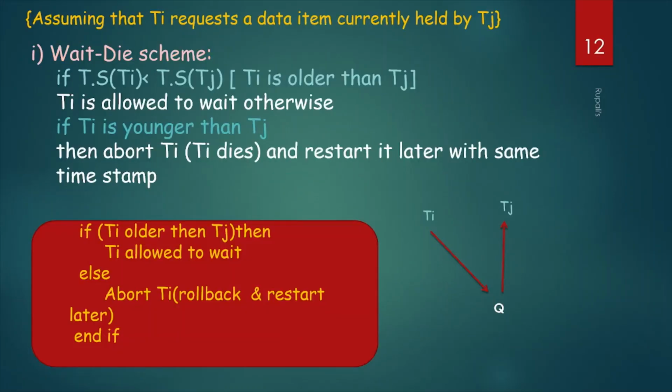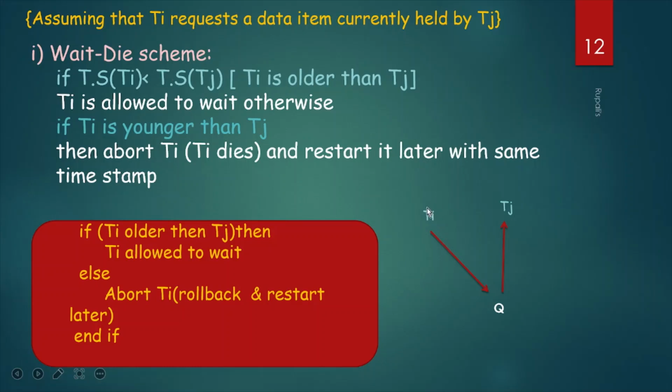Now, see the logic. Assuming Ti requests a data item that is currently held by Tj. So, it is a data item queue. It is held by the transaction Tj and Ti requests that data item. Now, if timestamp of Ti is less than timestamp of Tj, which one is older? Because the timestamp of Ti is less, Ti is older.